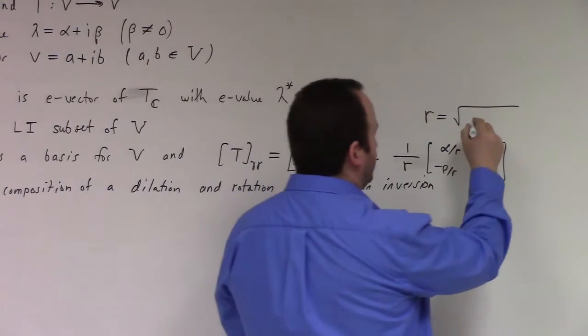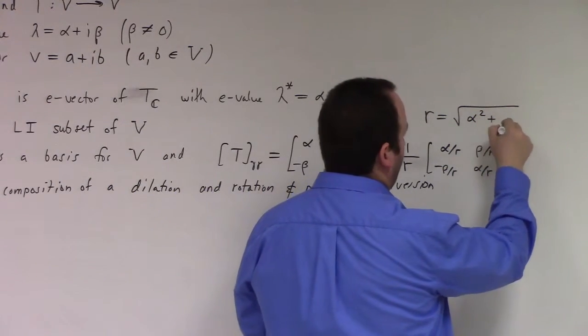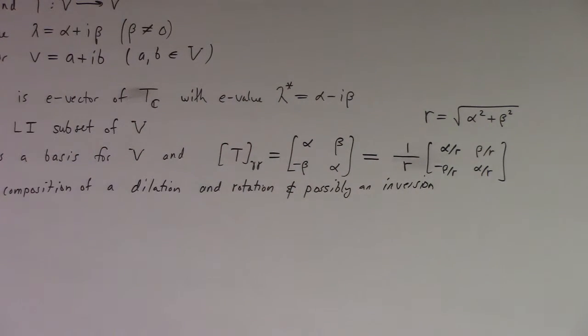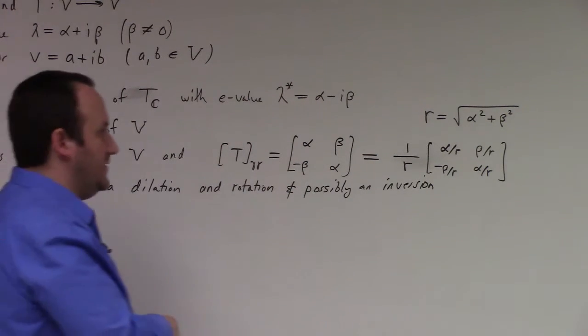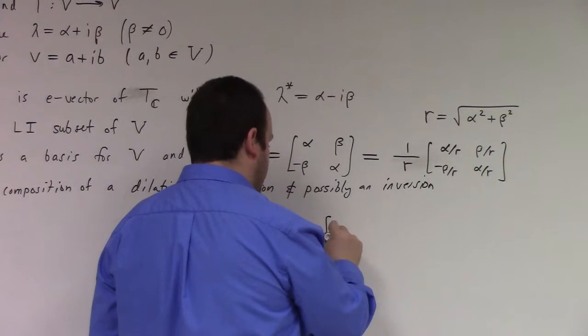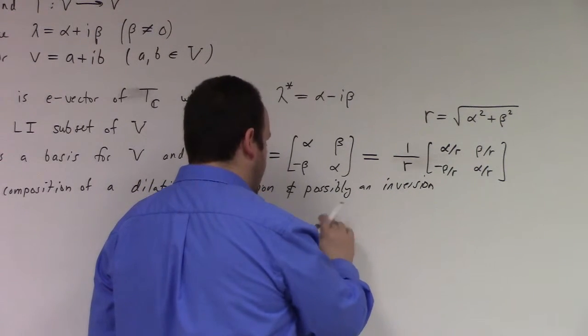Alpha squared plus beta squared, right? Now, check it out. So if that's the case, how can I say this?